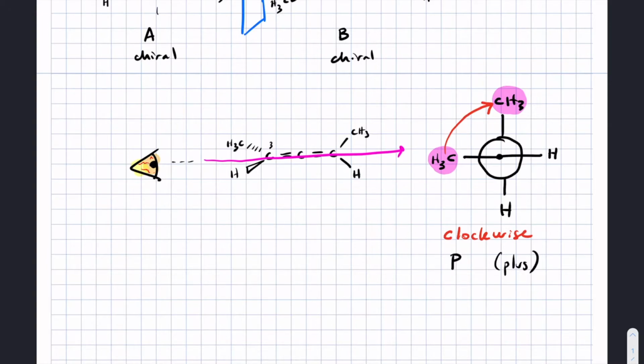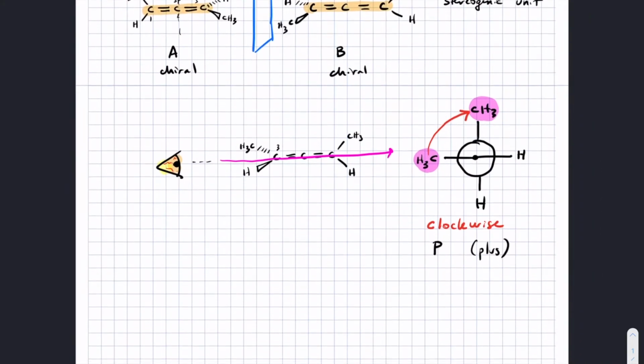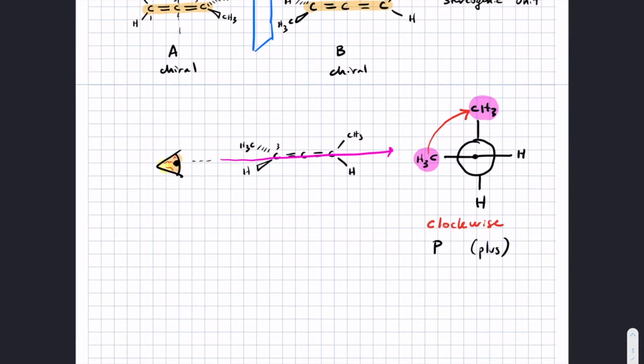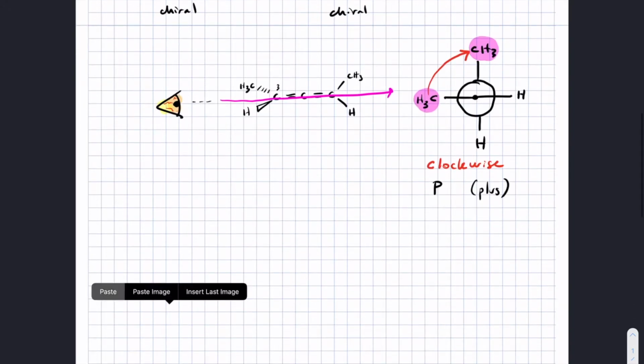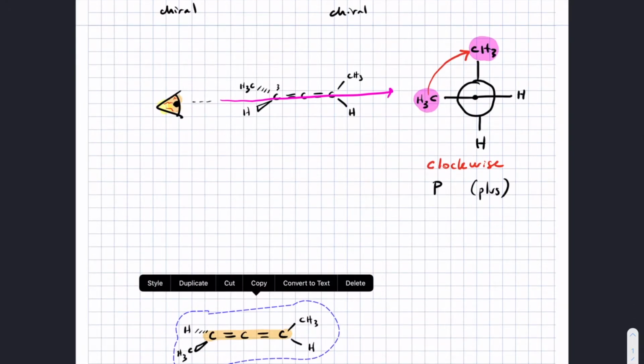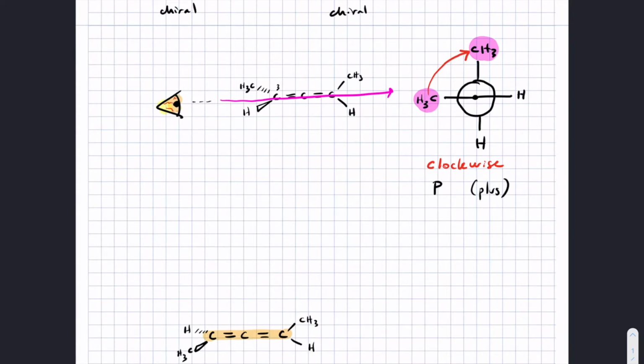Thankfully now we've got something from the good old language of English, plus and minus. So the other enantiomer would be M, and because looking down this axis it's a right-handed rotation, we'll say this is a right-handed helix. It's called a helix because, of course, it's a rotation that propagates down an axis.